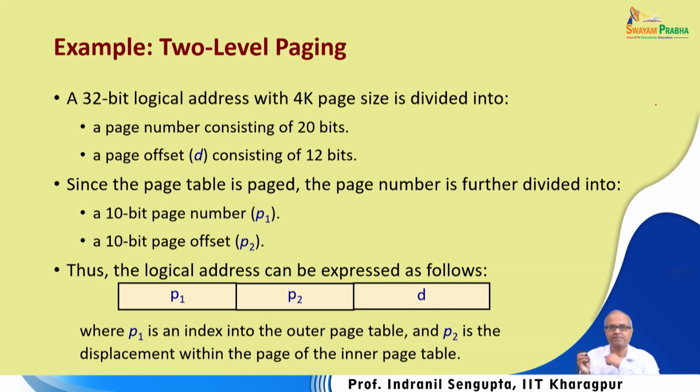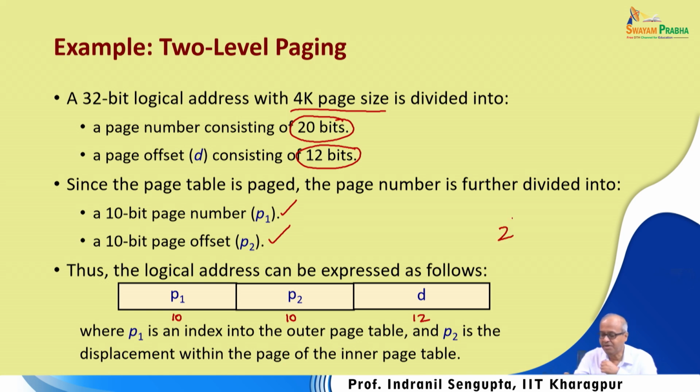So, let us continue that same example. I said a 32-bit logical address with 4K page sizes, this is the example we are taking. The page number was 20 bits and the offset d was 12 bits. Now, we divide the page number into 2 parts P1 and P2, each of 10 bits.